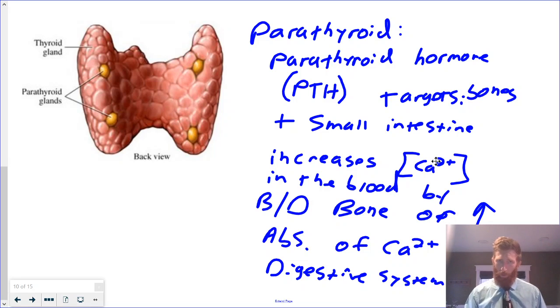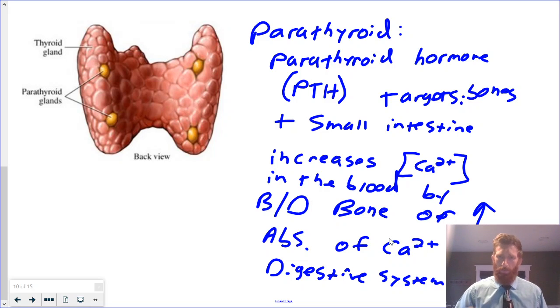So if calcium levels are too low, parathyroid hormone kicks in and it makes the bones break down a little bit, or it increases absorption of calcium in the digestive system. Yeah, that makes sense, right?